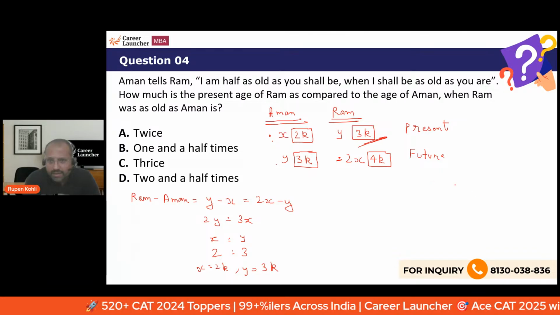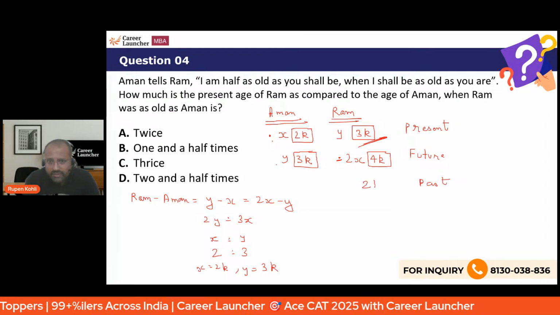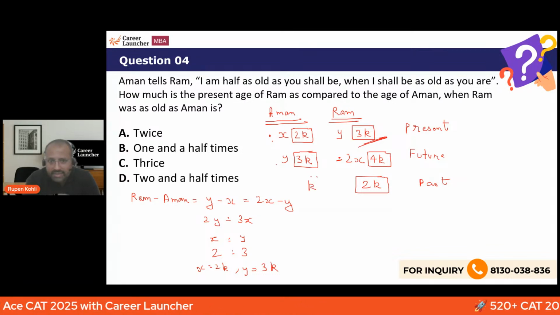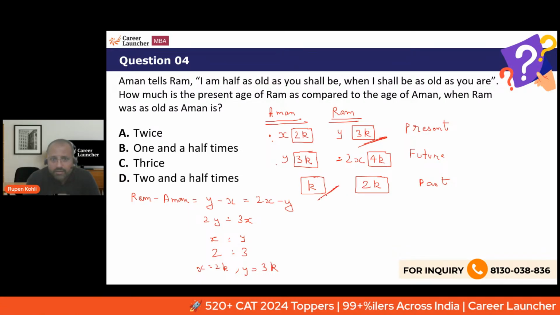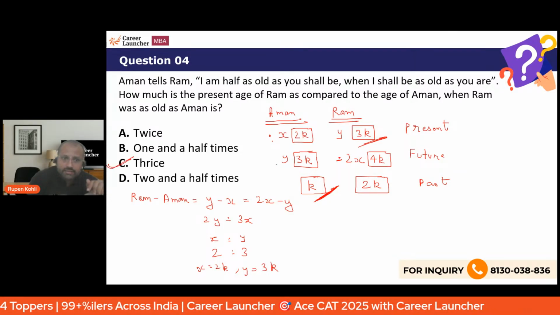So in that past that we are talking of, when Ram will be 2k, we are going minus k years. So 3k minus k. So Aman is also 2k minus k, which is k years. So Ram is 3k as compared to the age of Aman when Ram was as old as Aman is. At that point of time, Aman was k. So the answer is thrice.